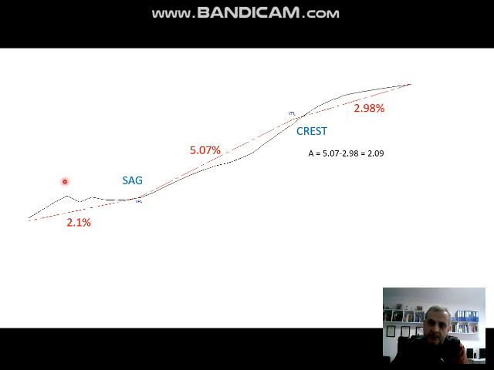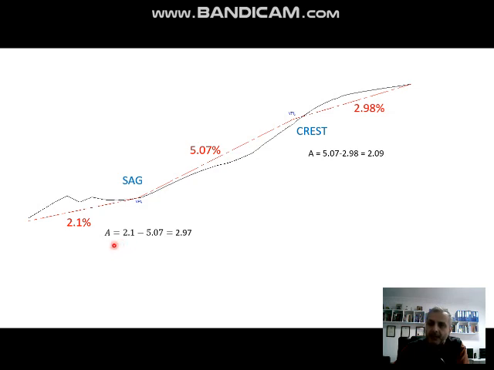Starting from the first one, sag type vertical curve. The grade difference between this straight and that straight is called capital A. It may also be called capital G in some books. In our lectures you are familiarized with capital A actually.